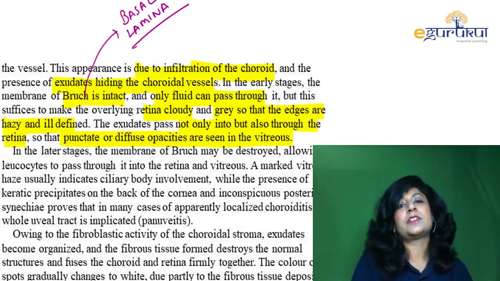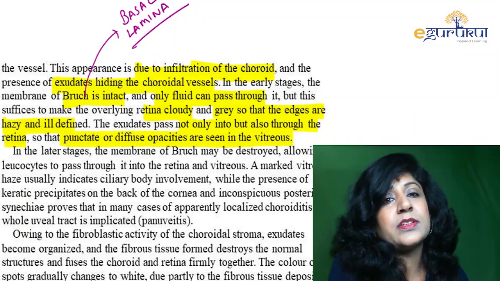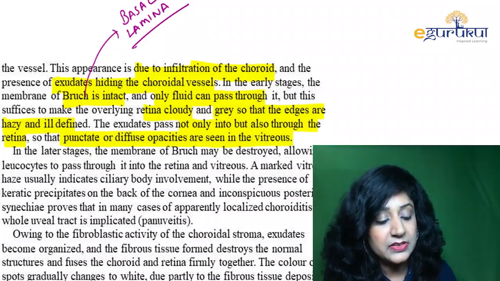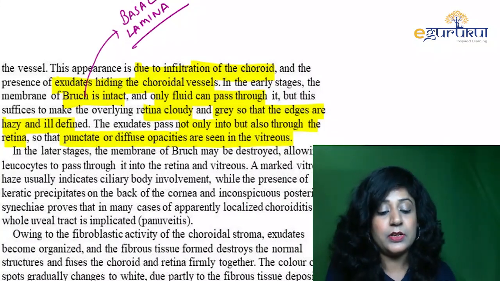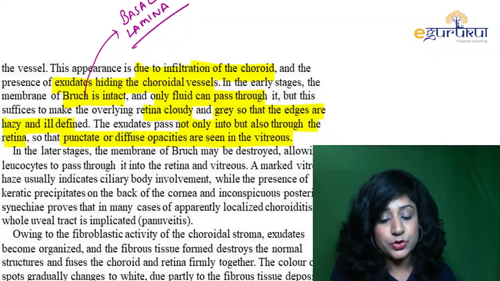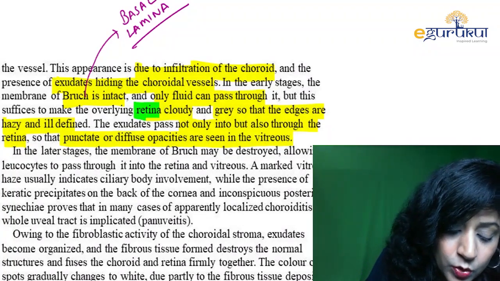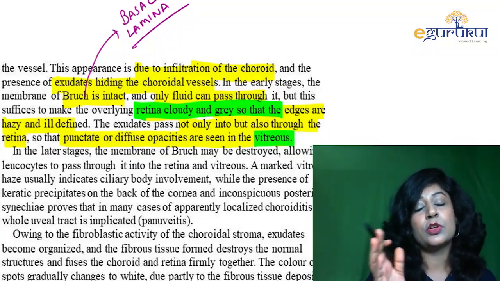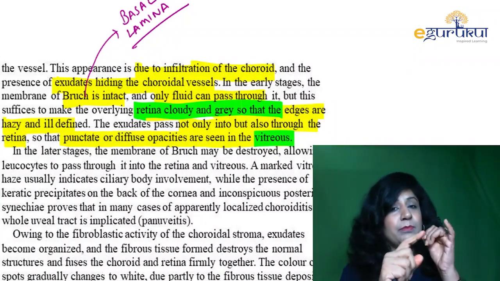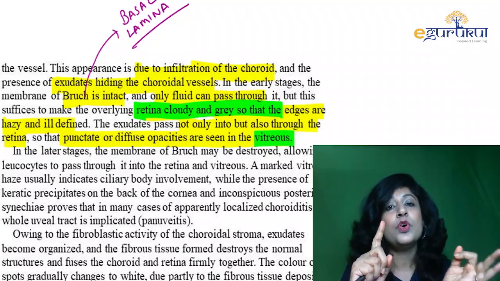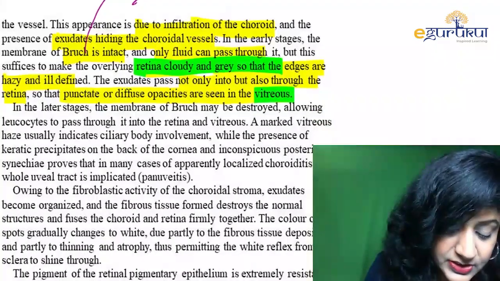Now, in the initial stages, the basal lamina of the choroid is intact, but afterwards the exudate is passing through, and that is why it is making the retina look cloudy or grayish due to the collection of the exudates, and they are even going into the vitreous. It is also leading to vitritis. So remember the same sequence, from choroiditis to retinitis, and from retinitis to vitritis in the later stages.